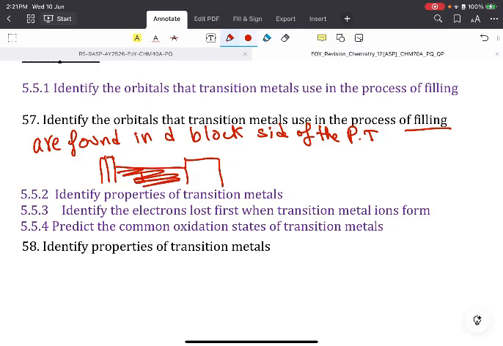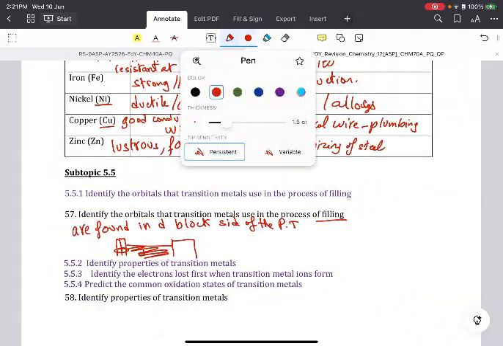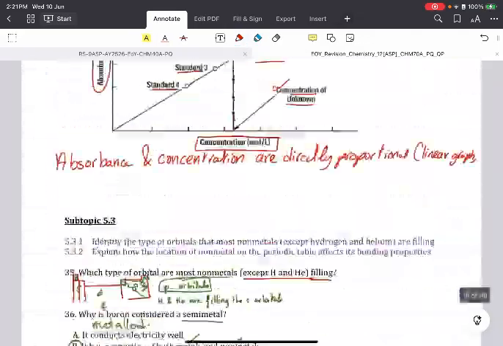All their electrons fill the s orbital and the d orbital. For example, let me show it on the periodic table.